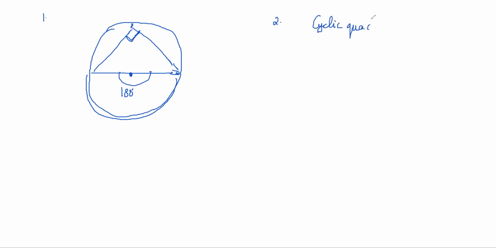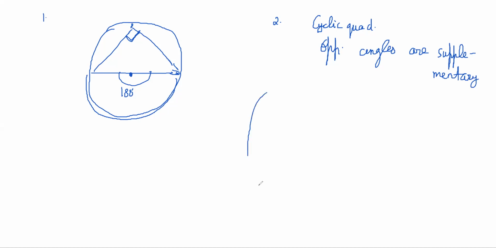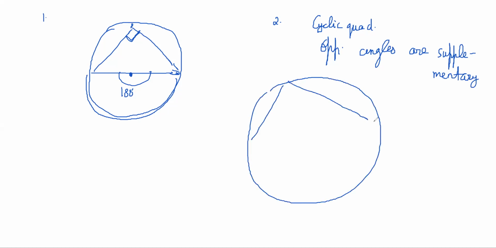Then the second property is cyclic quadrilateral. If there is a cyclic quadrilateral, then opposite angles are supplementary. How do we get this? Because they are opposite arcs, the total sum is 360 and half of that is 180.